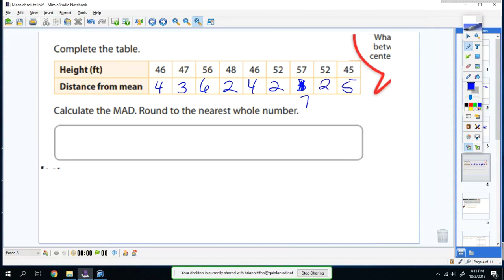So you add them up. You do 4 plus 3 plus 6 plus 2 plus 4 plus 2 plus 7 plus 2 plus 5. And then you get 35. Then you take that number and divide it by 9. And you get 3.88 repeating, which rounds up to 4.